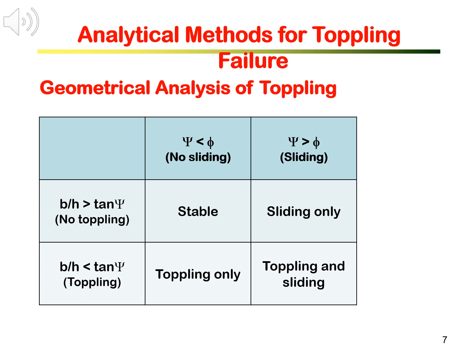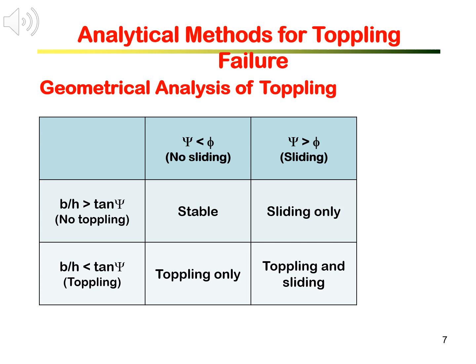In this case, no sliding and no toppling. Rock block can slide when the tilting angle is greater than the base friction angle. But since B over H is greater than the tangent of the tilt angle, the block does not tip over. This is the sliding only case.